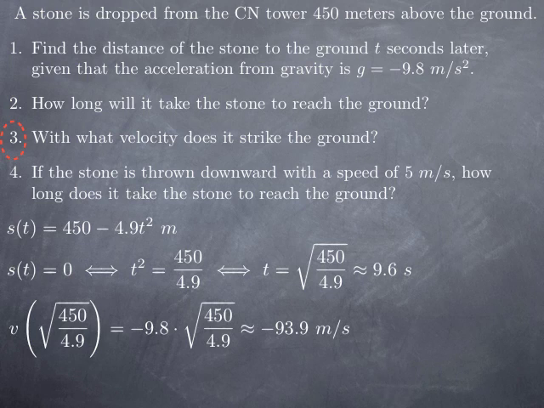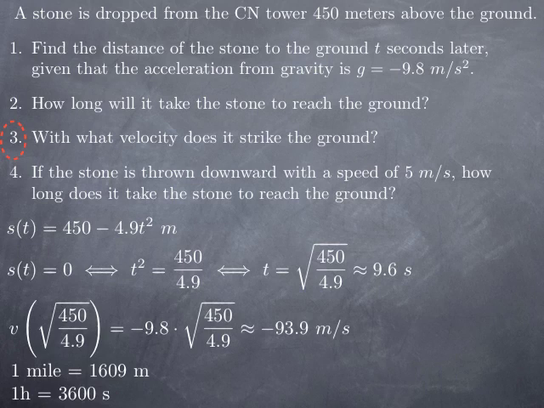Maybe you're not that familiar with meters per second. Recall that 1 mile is 1609 meters, and of course 1 hour is 60 minutes, each minute is 60 seconds, therefore this is 3600 seconds.